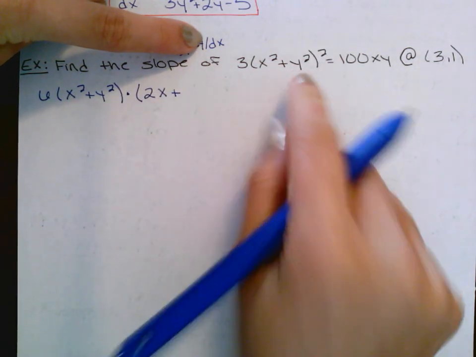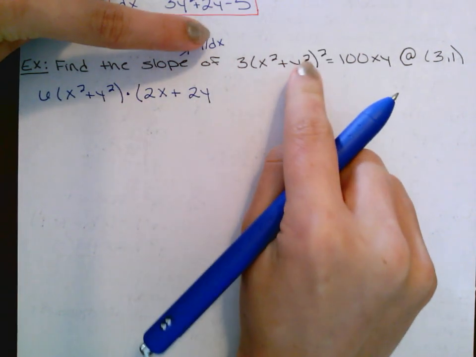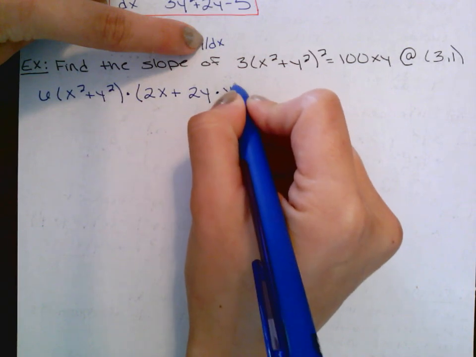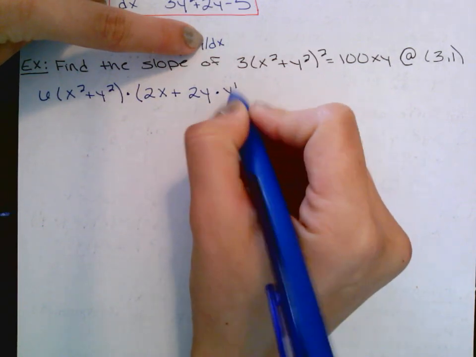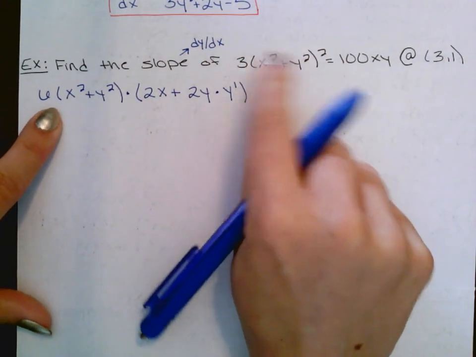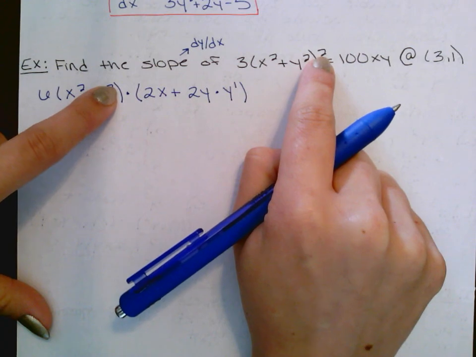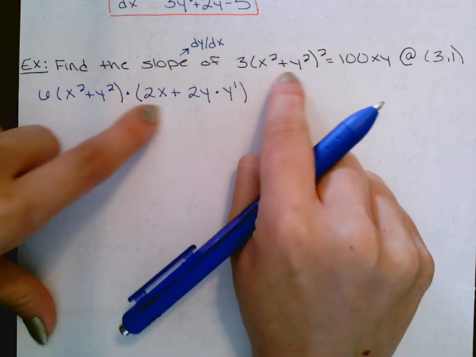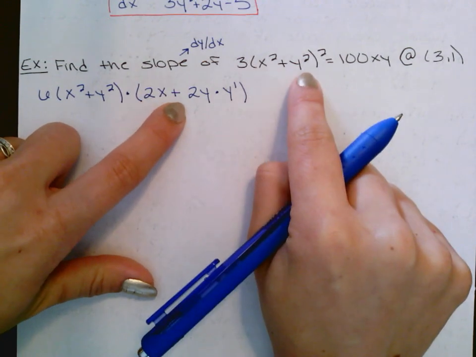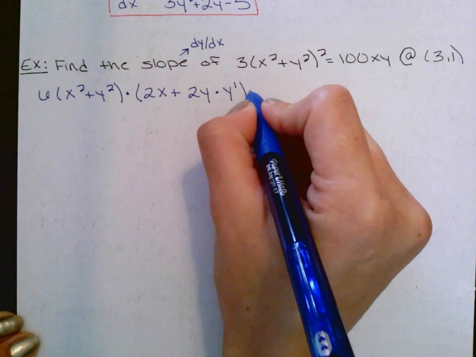Plus derivative of y squared is 2y. Because it's a different variable, now I have to take implicit into account, and this time I'm doing the y prime. So one more time, I did derivative of the outside, 2 times 3 was 6. I rewrote the inside, now it's to the first power, times I did the derivative of the inside. 2x without implicit plus 2y with implicit because it's a different variable, okay?